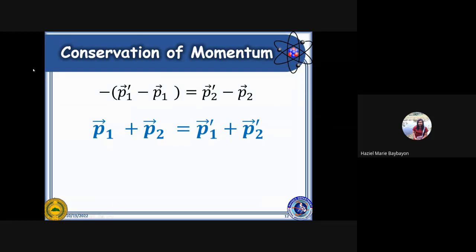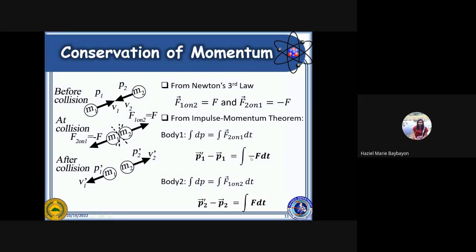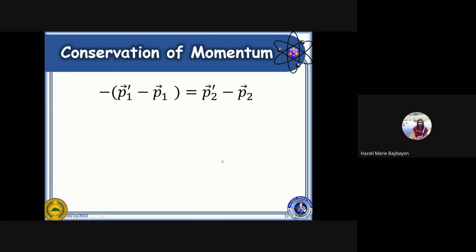Equating these two, they are the same, class, you just transfer the negative sign and equate the two. So the integral of F dt equals the integral of F dt: p2 prime minus p2, and this one becomes negative. So you have negative (p1 prime minus p1) equals p2 prime minus p2.